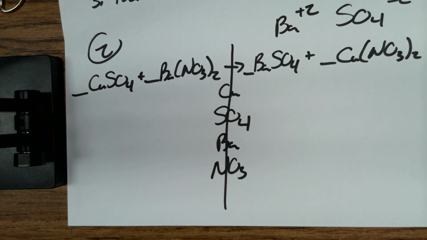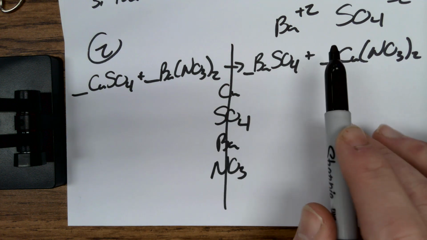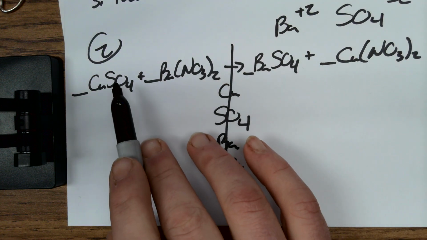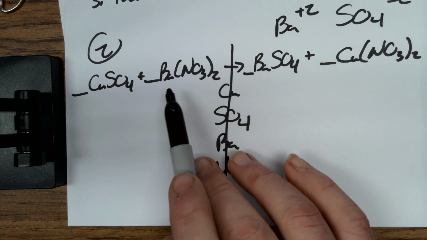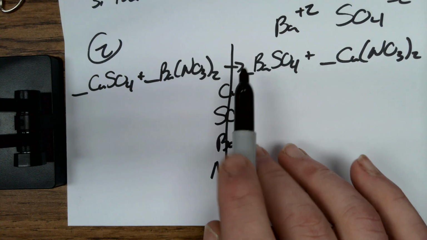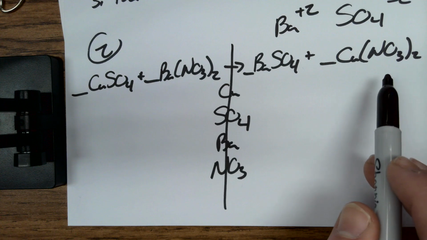Now, I always say that you should always look for the one that's different in your reactants and your product. Let's go down our list, right? I see 1 copper over here. I see 1 copper over here. Copper's probably not a good choice. I got 1 sulfate over here. I got 1 sulfate over here. That's not a good choice either. I got 1 barium over here. I got 1 barium over here. Uh-oh. I'm starting to see a pattern. 2 nitrates over here. 2 nitrates over here.